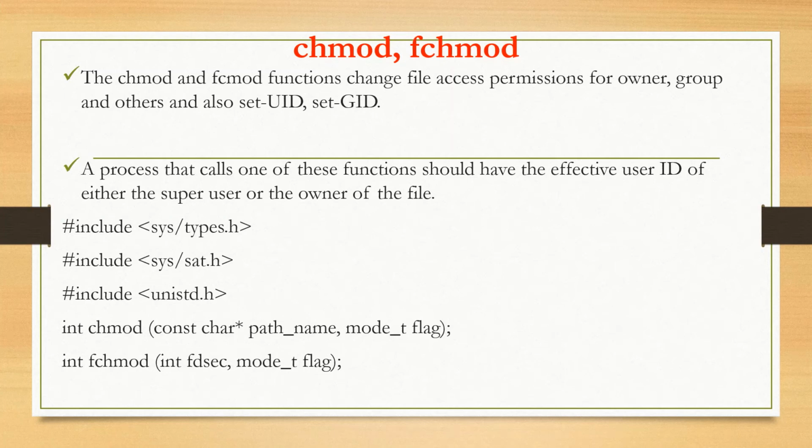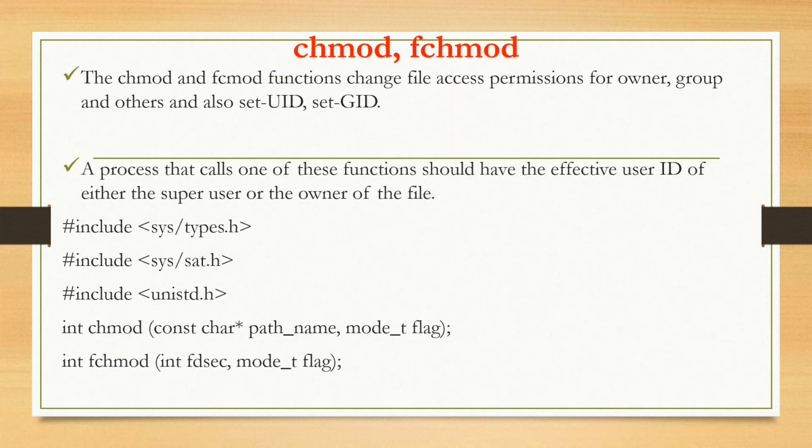The second function, fchmod, also returns an integer type. It contains one integer, the file descriptor, and the flags required to set the changes.